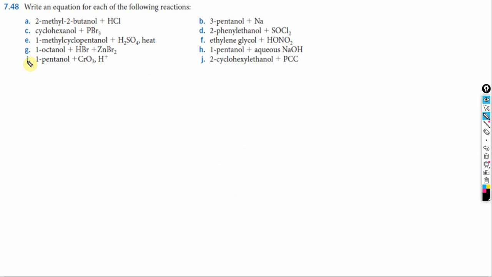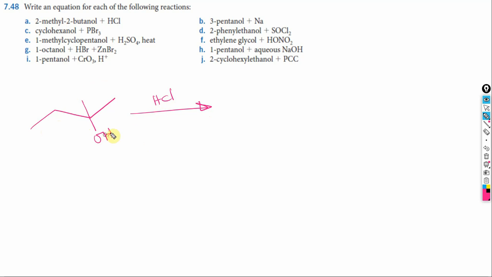And in this problem, we again have a reaction of alcohol with a bunch of reagents. So we'll look at the various products we will get, and in some cases we will see what kind of selectivity you will get. So you have 2-methyl-2-butanol. So this is 2-butanol, and it also has a methyl on the second position, so that is a tertiary alcohol, and that reacting with HCl means that the HCl is going to release H plus and Cl minus.